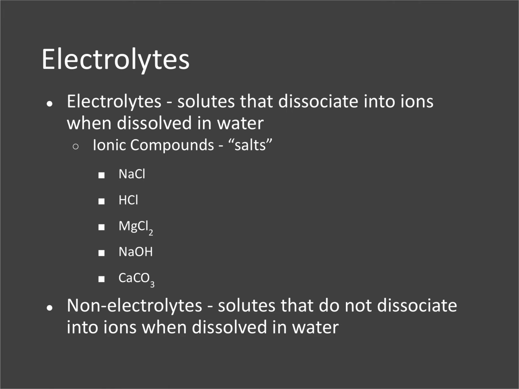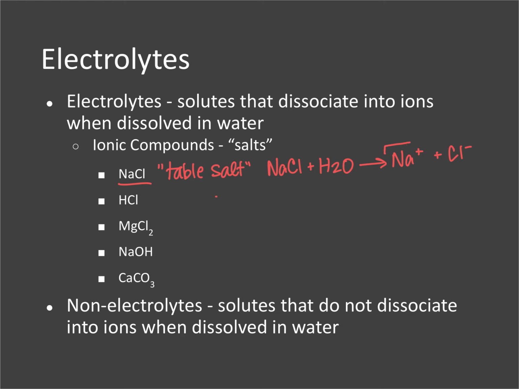The salt that you're probably most familiar with is sodium chloride, or NaCl. And this is more commonly referred to as table salt. This would be the salt that you would have in your salt shaker that you would put on your food to make it taste better. And when sodium chloride is added to water, it dissociates into sodium ions and chloride ions.